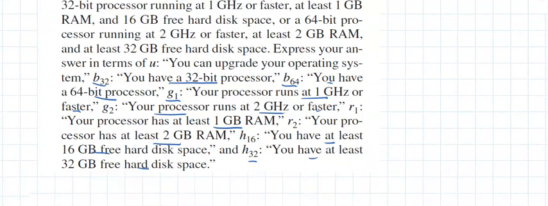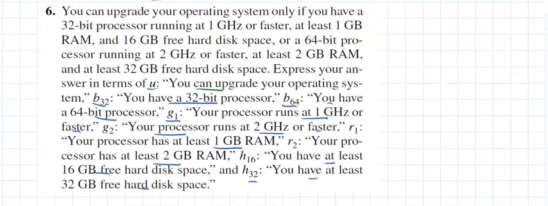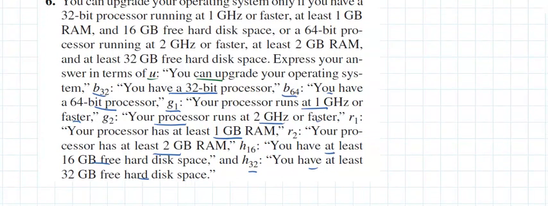And here it says you could upgrade, and they're using for upgrade the letter U. So here they're saying you can upgrade your operating system only if you have 32-bit processor.